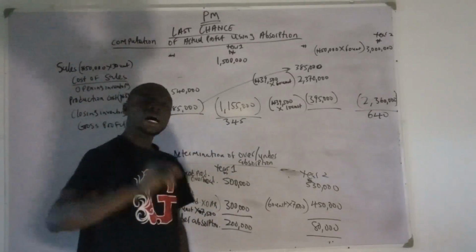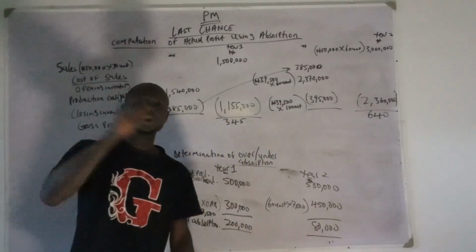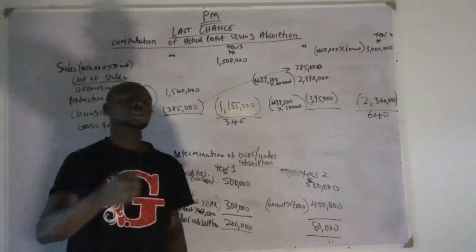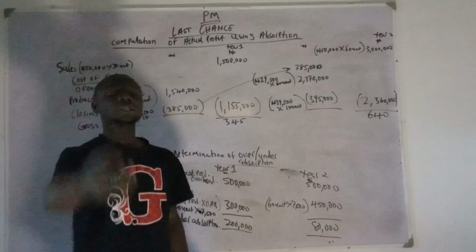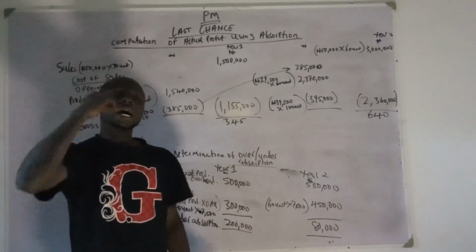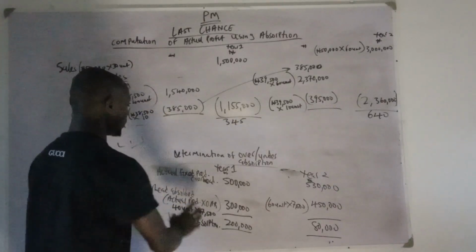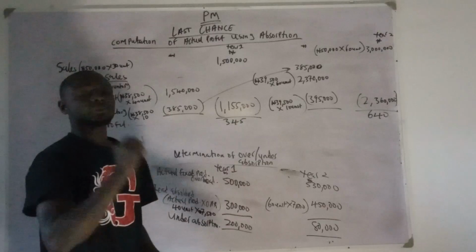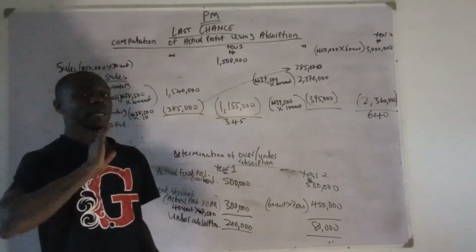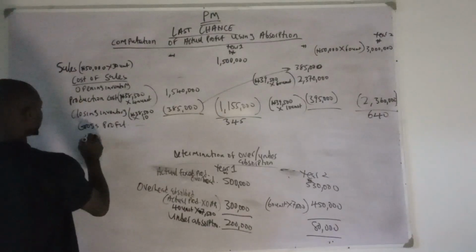That will be an under absorption, which means that both of these are under absorption, which will be deducted from the gross profit, or used as expenses, right? It depends on the treatment. So this is under absorption of 200 as well as 80. Now, expenses.